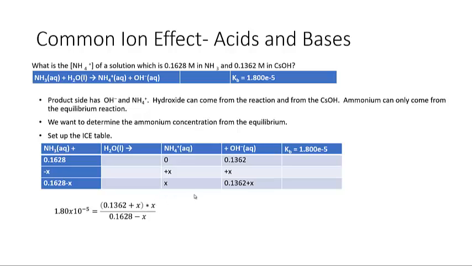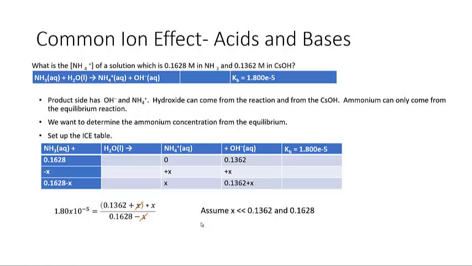But if you recall how we have done things in the past, we note that this X here is probably kind of small compared with 0.1362 and the 0.1628. And if that's true, we can drop the X's out.